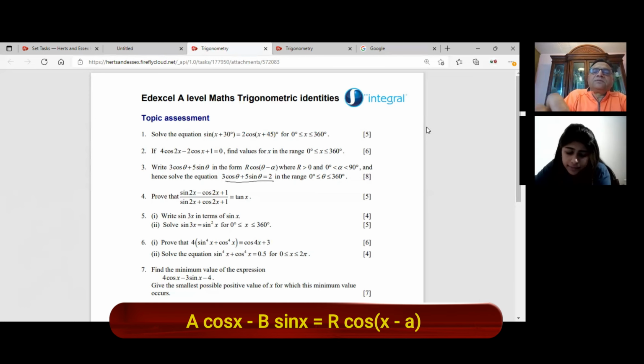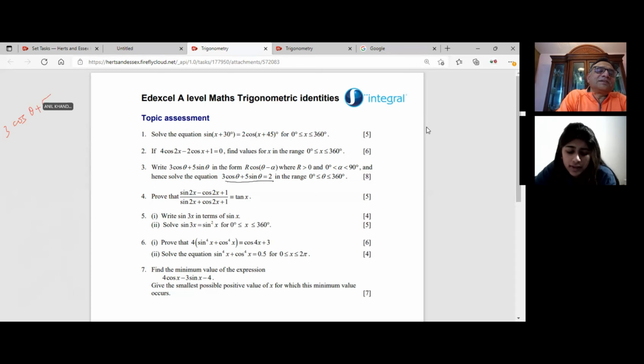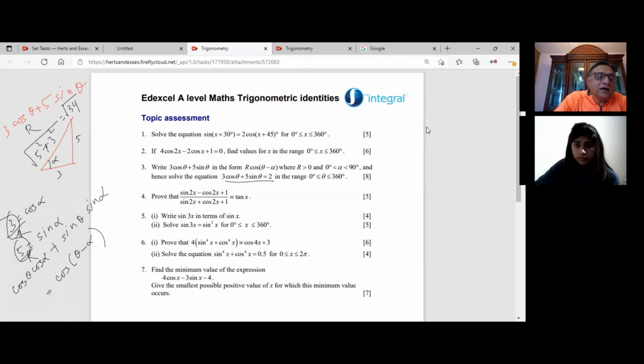Do you remember that part? Yeah. To find r, you do a squared plus b squared, square root. Correct. And then you find tan alpha, and then you find alpha and sub it in. Correct. We know this is r cos theta and r cos alpha, right? That's the whole thing, right?